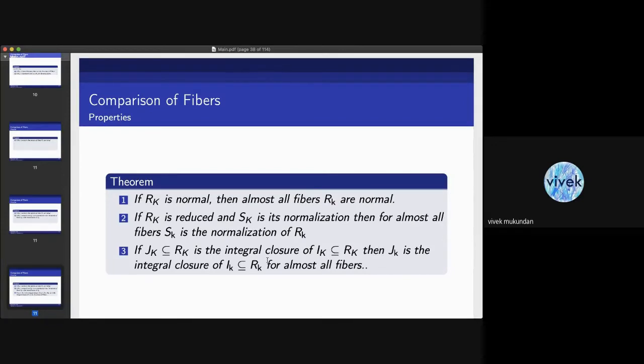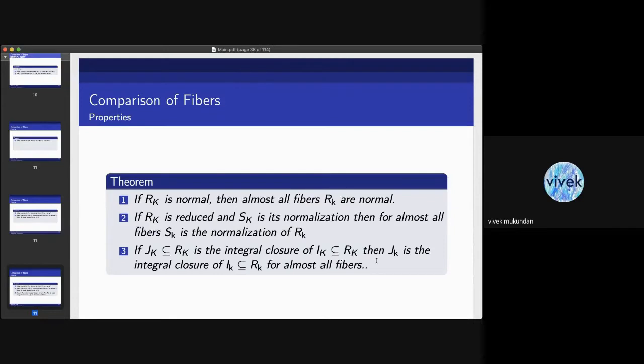And if J is in the integral closure of I, then the fiber of J will be in the integral closure of the fiber of I for almost all fibers. This last one is a very interesting one. Even integral closures, Rees algebras, everything just passes over to the fibers for almost all fibers.